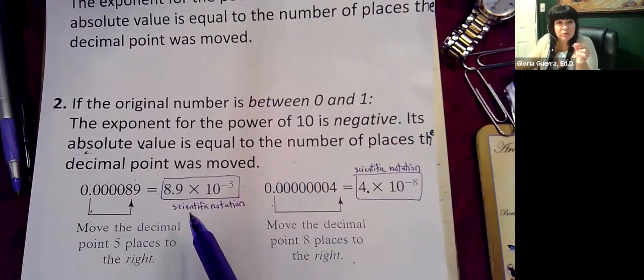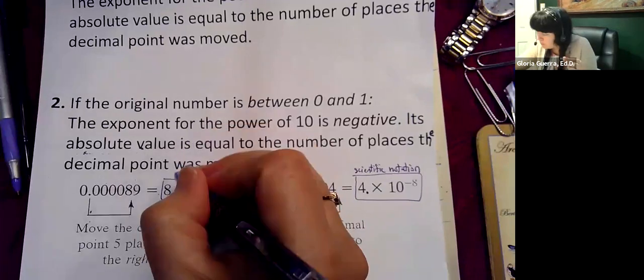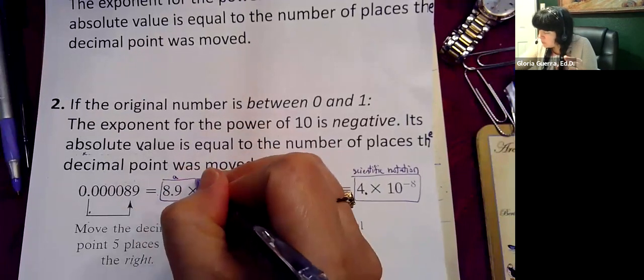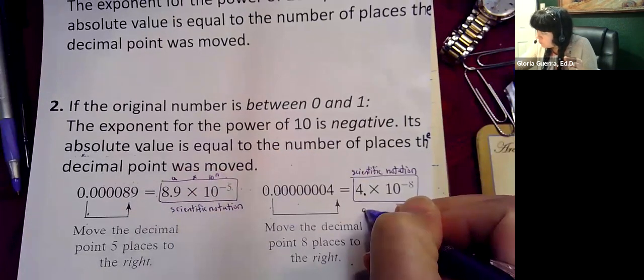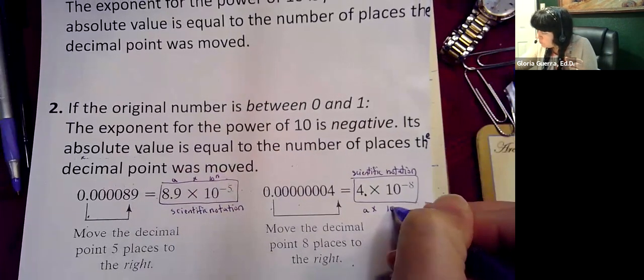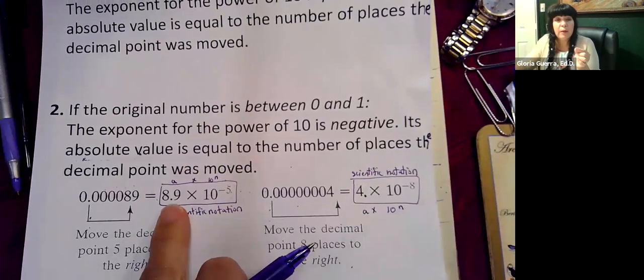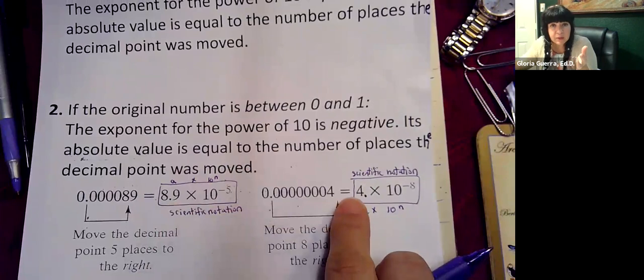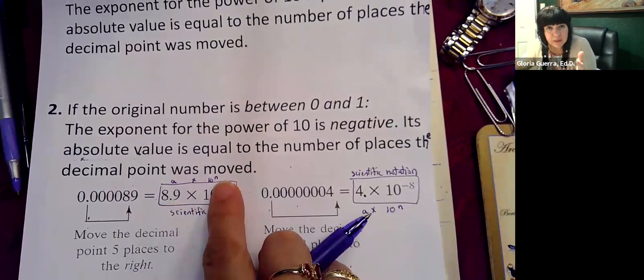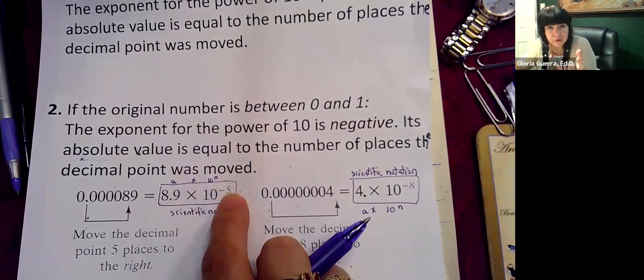This is your A, times 10 to the n. So notice how A is a number between 1 and 10. 8.9 is a number between 1 and 10. And notice how the n in 10 to the n is an integer. -5 is an example of an integer.